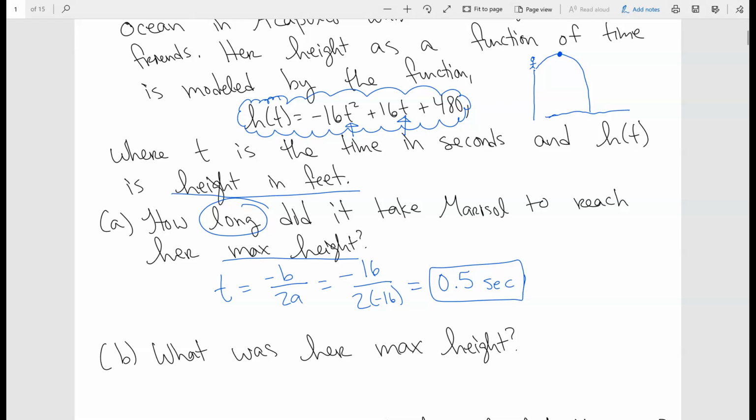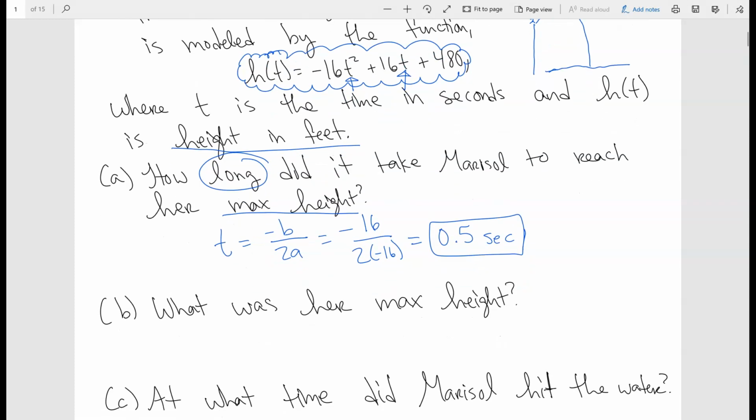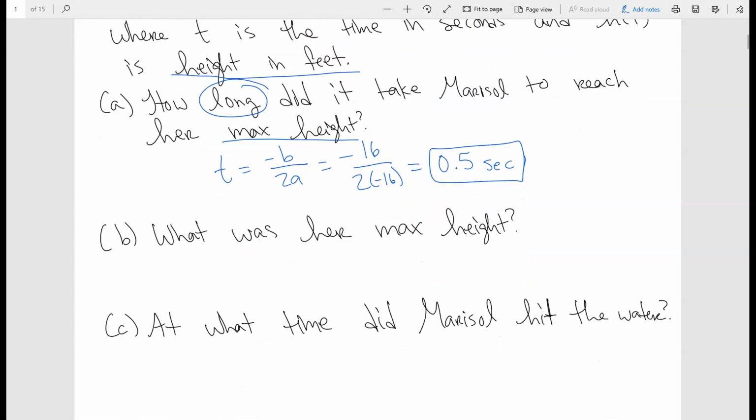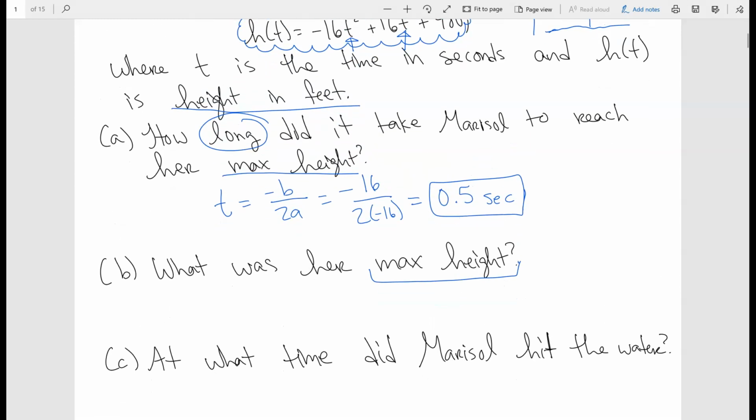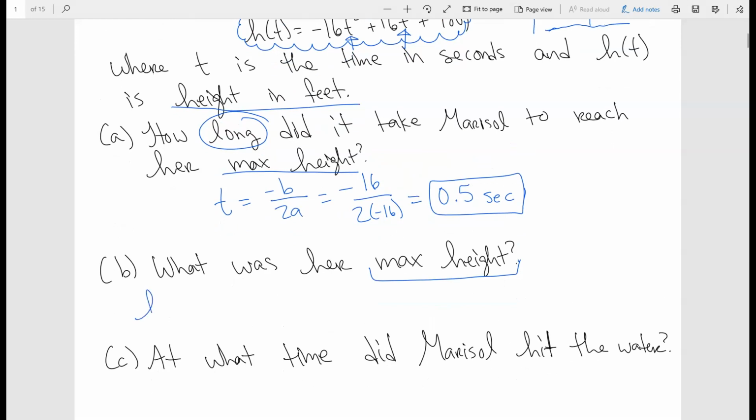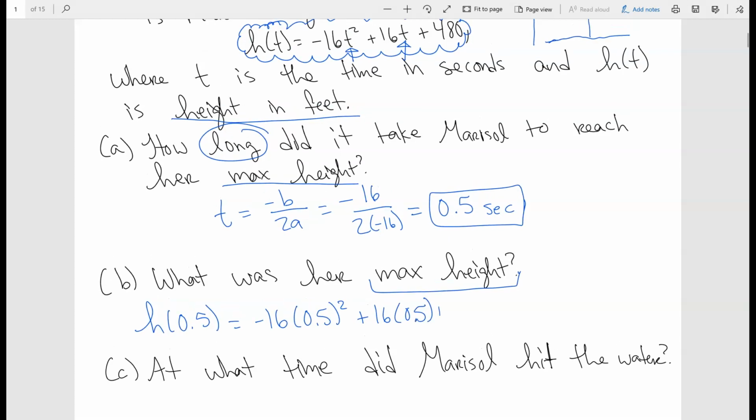Okay. Now part B. What was her maximum height? So now that we know the time in which she reaches her maximum height, we want to know what her maximum height is. So this 0.5, we're going to plug it back into our equation. Our maximum height at 0.5 seconds is going to be negative 16 times 0.5 squared plus 16 times 0.5, and then you're going to add 480.